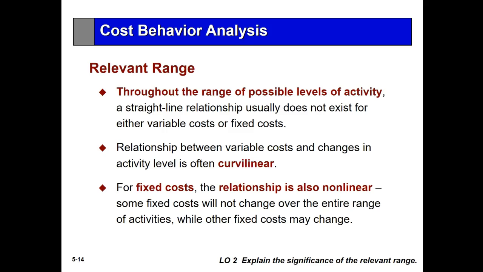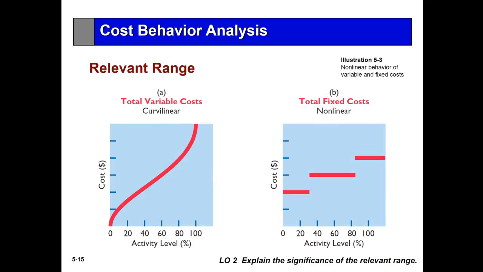If I go outside that relevant range, i.e. I want to produce 6,000 desks, I have to add fixed costs, so the fixed cost will change. But in the cost-volume-profit model we're going to develop later on, we will always be assuming that production stays within the relevant range of activity. We will never go outside of that relevant range.